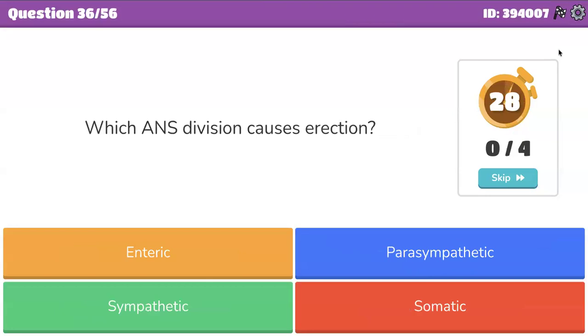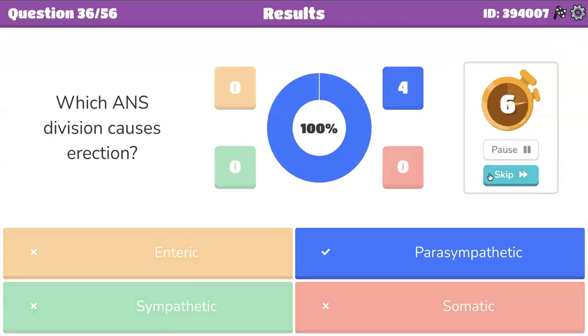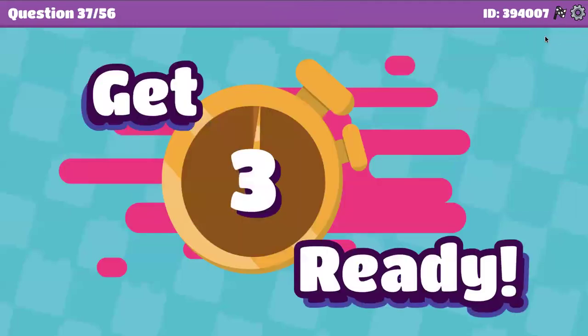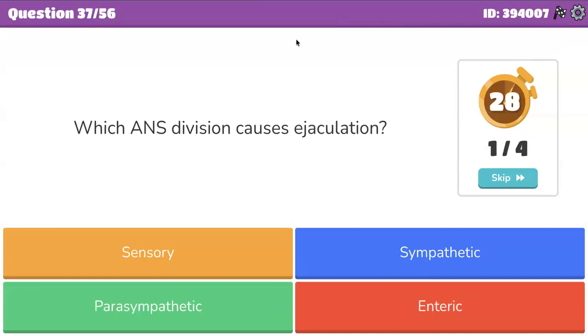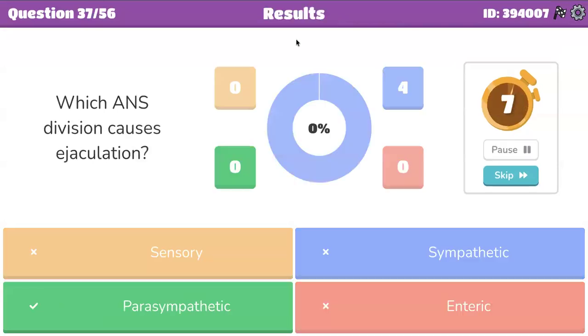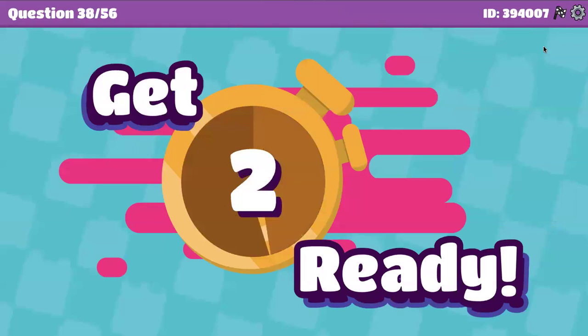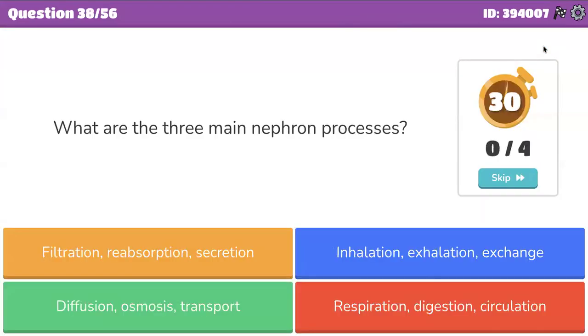Which ANS division causes erection? The parasympathetic. And then the sympathetic, oh yeah. Which ANS division causes ejaculation? Oh, it's actually sympathetic. I gotta fix that. What are the three main nephron processes?